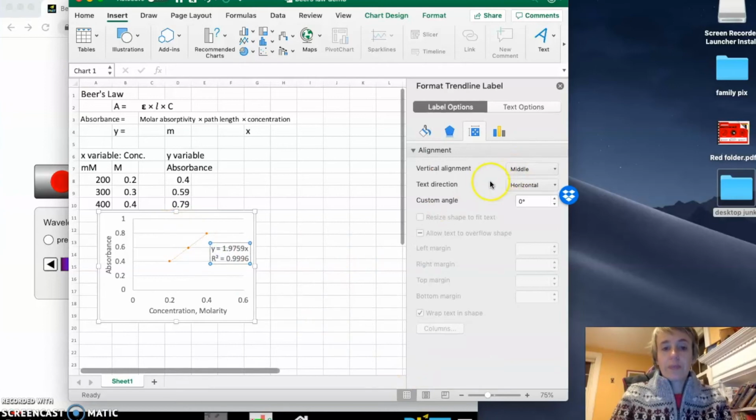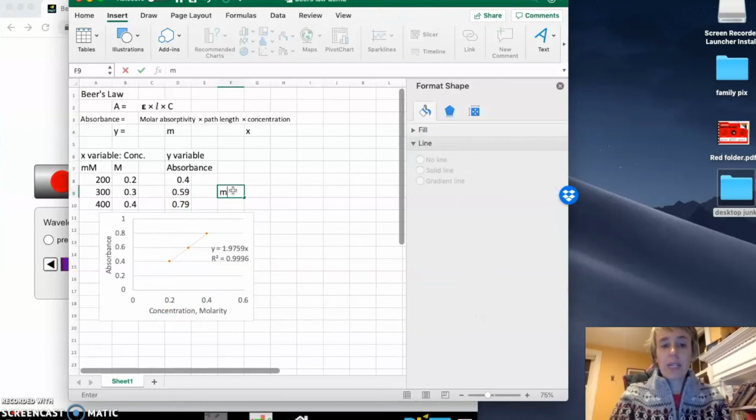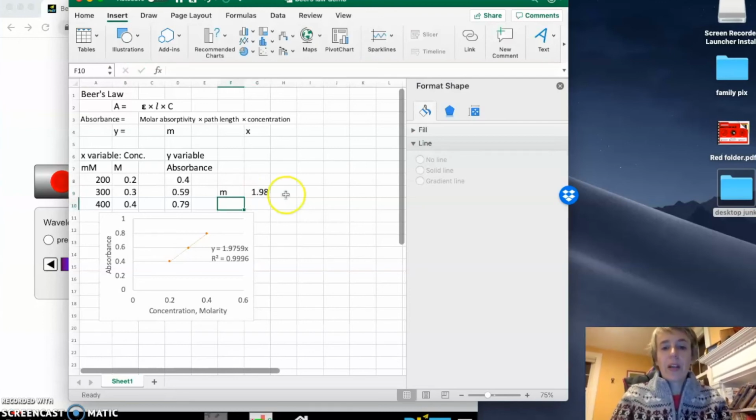So my molar absorptivity is the slope of this graph. We can see here that the value of that molar absorptivity quantity is 1.9759. And the R-squared value is just a measure of how well the linear trend line fits the data.